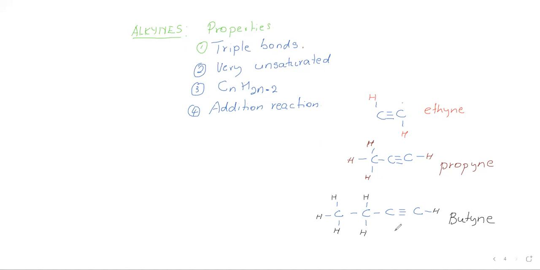Now let's go to another group. This group is called alkanols, or alcohols.